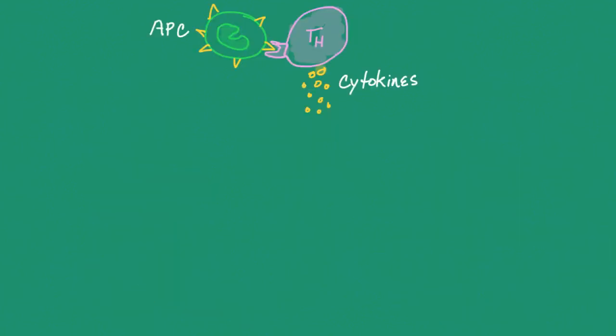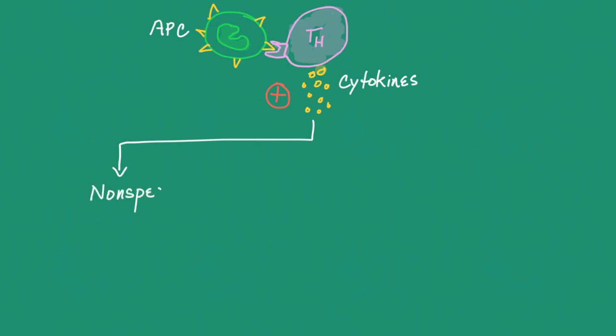Now for the cell-mediated immunity. Here we have in green the antigen-presenting cell presenting the yellow antigens to the helper T cell that is shown in pink. The helper T cell responds by producing cytokines, which are chemicals with the ability to turn on the entire immune system.